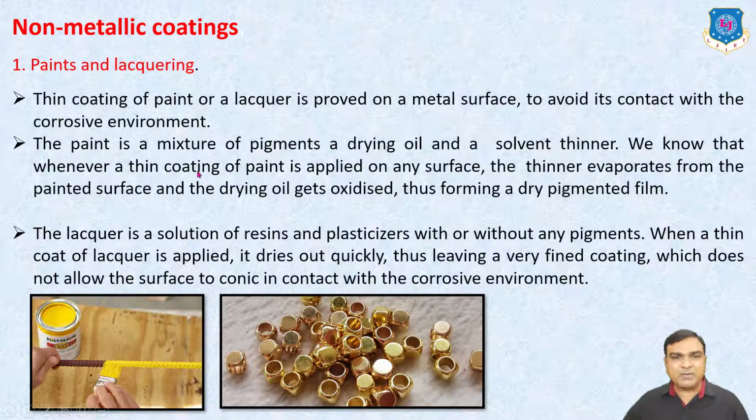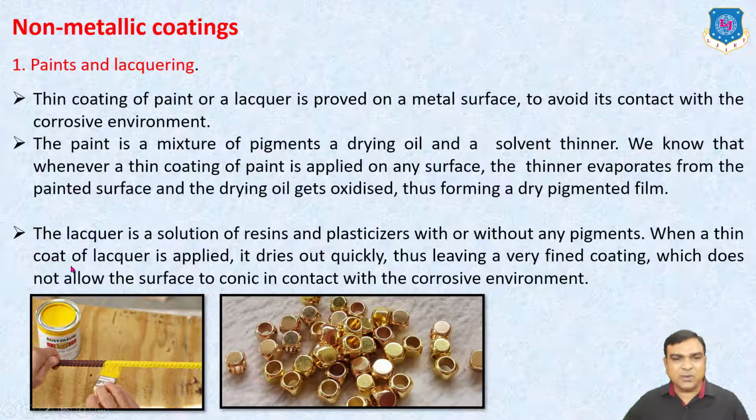We know that whenever a thin coating of paint is applied on any surface, the thinner evaporates from the painted surface and the drying oil gets oxidized, thus forming a dry pigment film. And the lacquer is a solution of resins and plasticizers with or without any pigments.